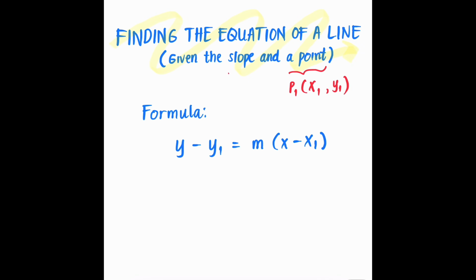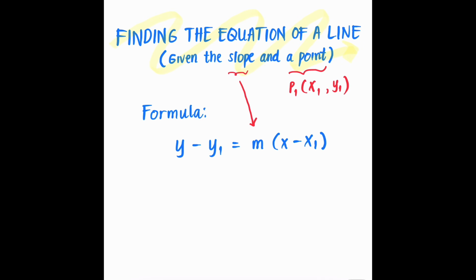Slope also will be given, and that will go to this part of the formula. The x and y variables will not be replaced by anything because we're looking for the equation, and the equation must have the x and y variables in it.